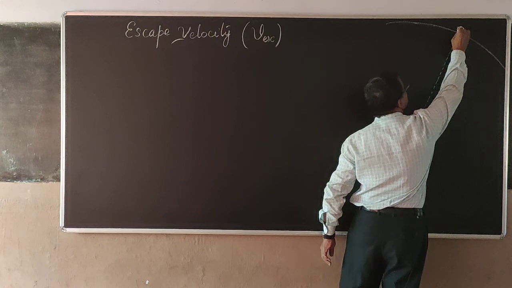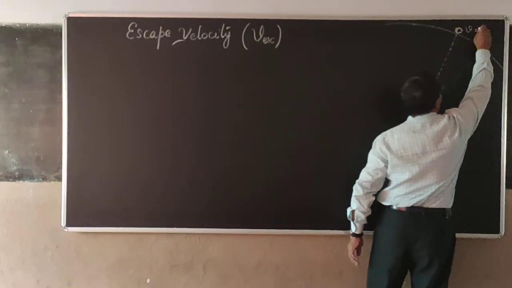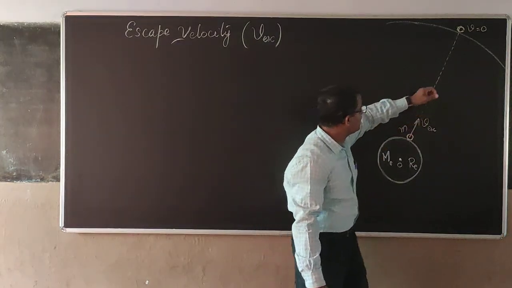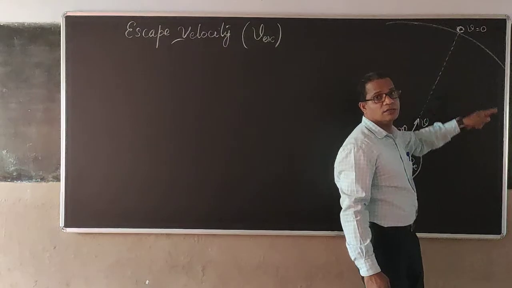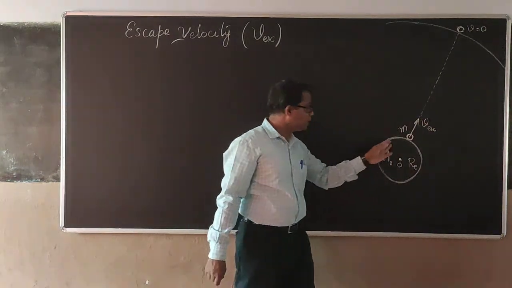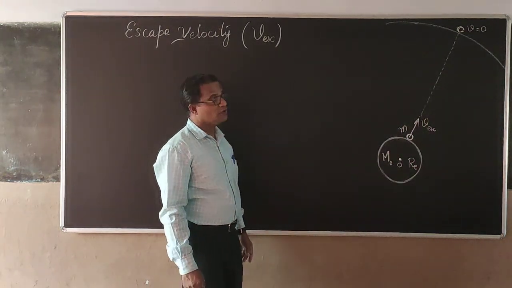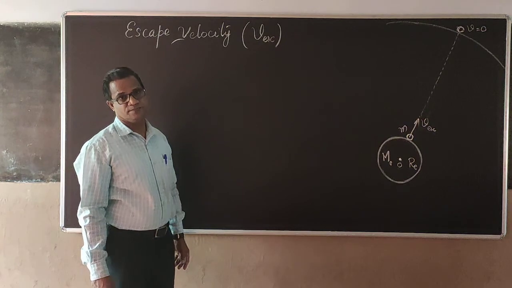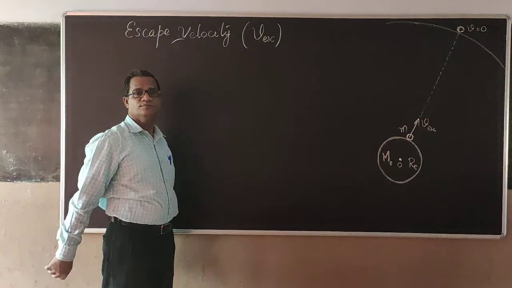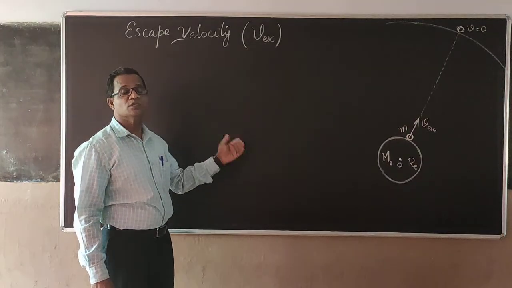So when it just reaches here, what happens is that its velocity becomes zero. So to take this body up to this particular point, the minimum velocity required from the beginning is called escape velocity from the surface of the Earth. If you give more than that, it goes beyond. So we can only calculate the minimum using the equation.